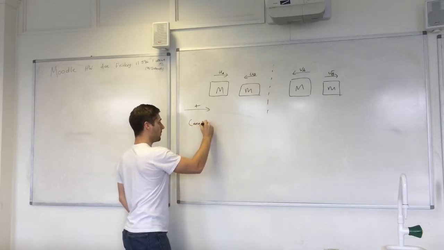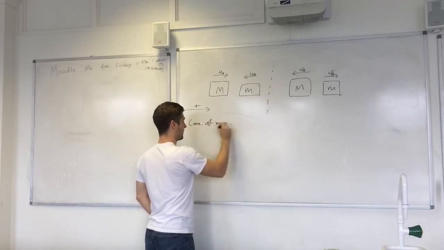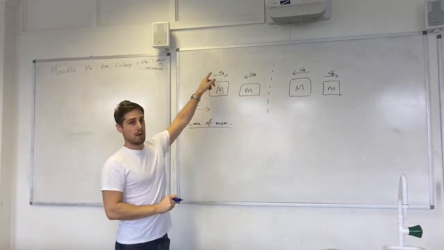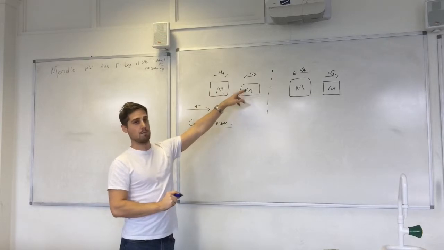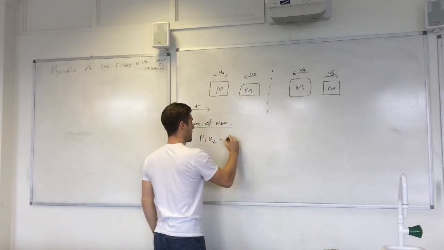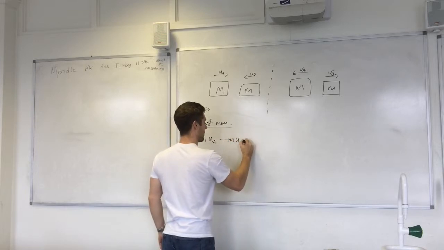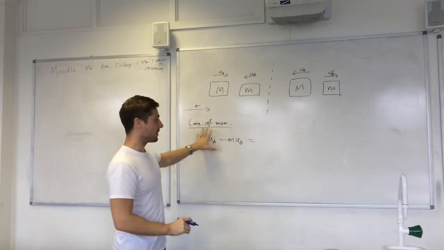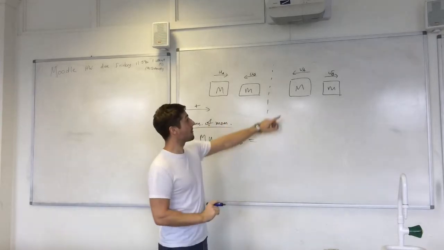So conservation of momentum. The initial momentum, MUA minus mUB, is equal to the total final momentum, so total initial equals total final.